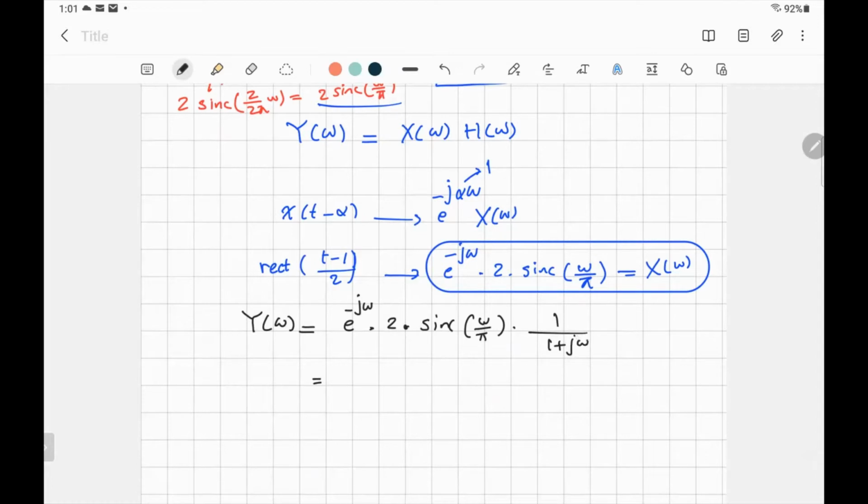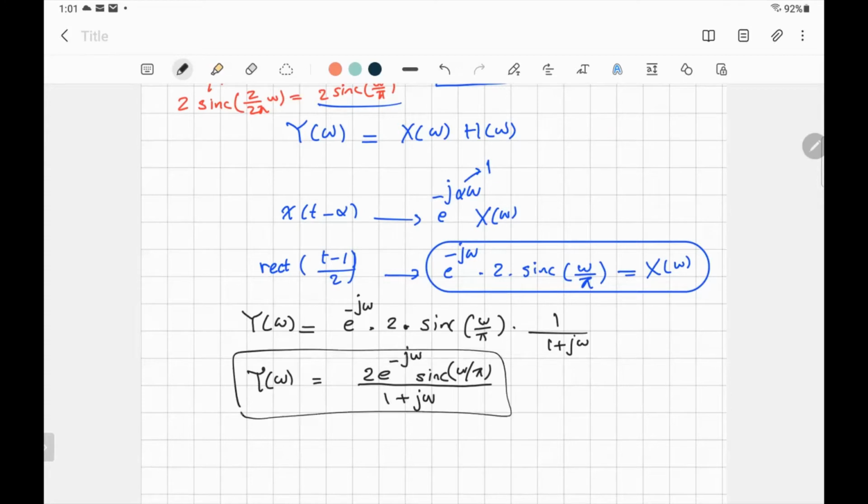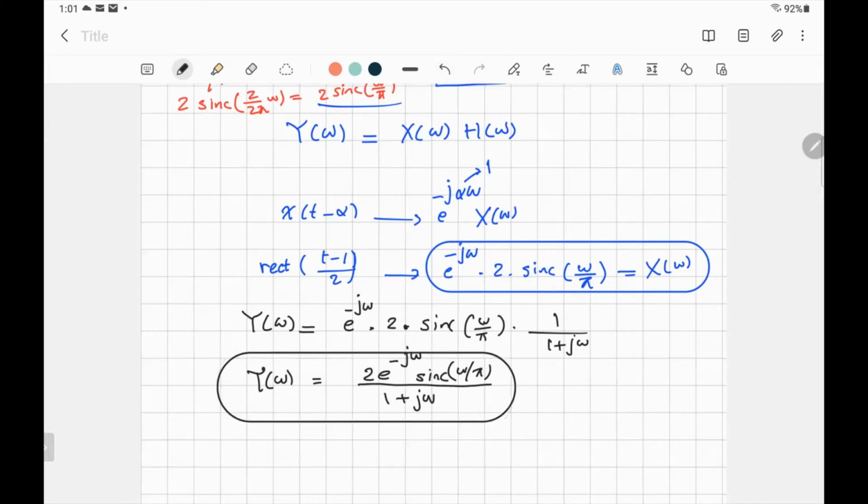If you arrange it, you have 2 e to the minus j omega sinc of omega over pi divided by 1 plus j omega. That will be the output in frequency. So it's easy. You don't do integration or anything like that.